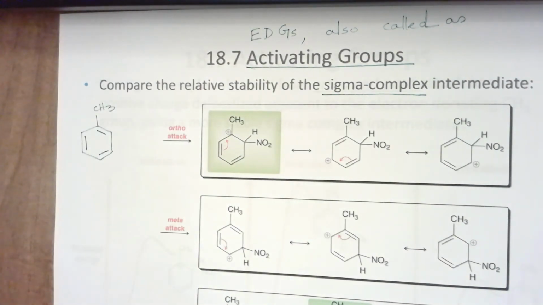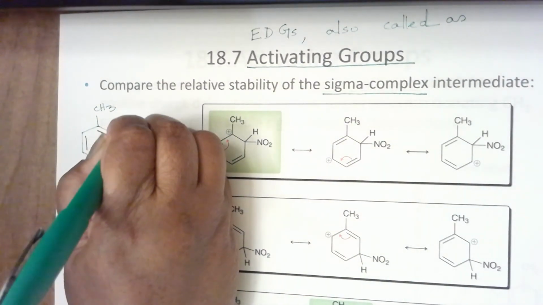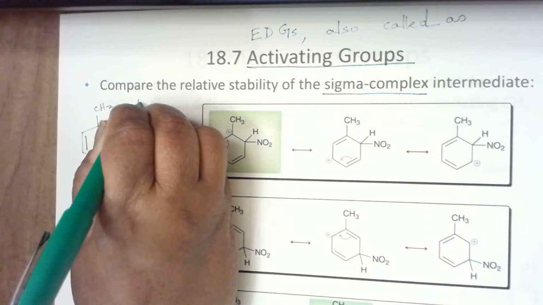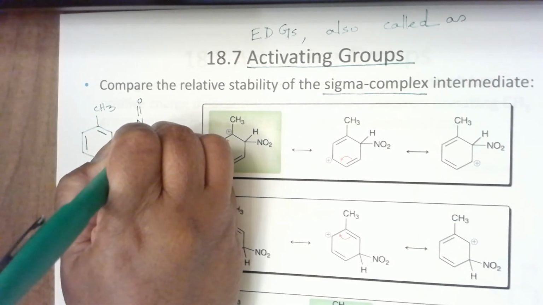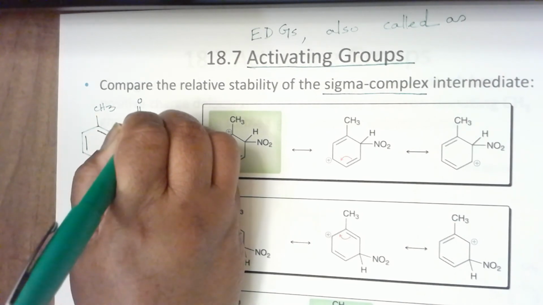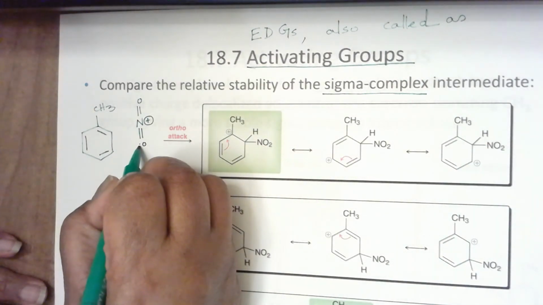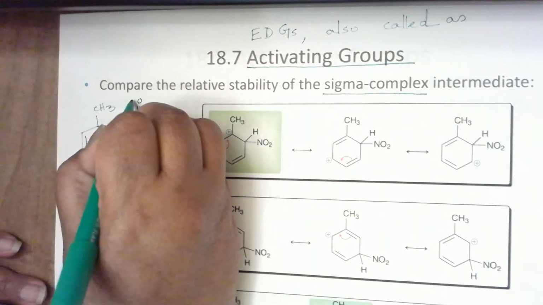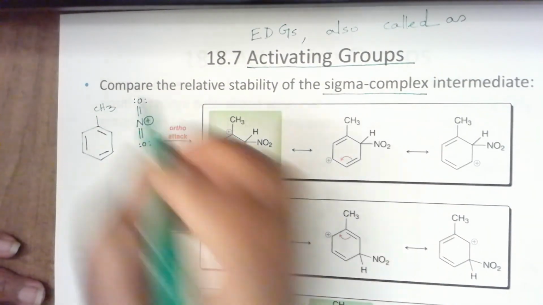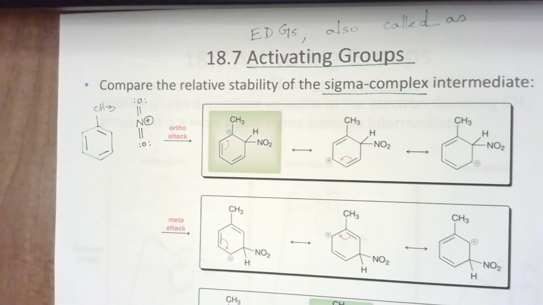Now your nitro group, remember that is your incoming electrophile, and you also need to know how to draw the Lewis structure of these electrophiles. That's something that you have to be practicing, showing all the lone pairs at least on the first one.